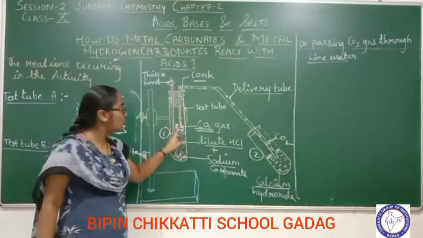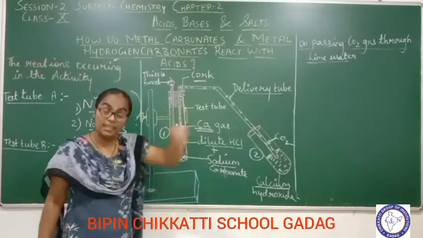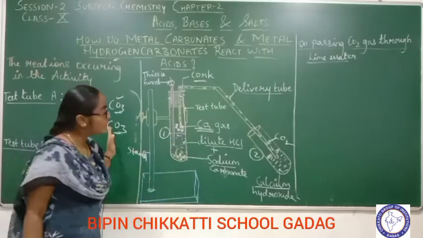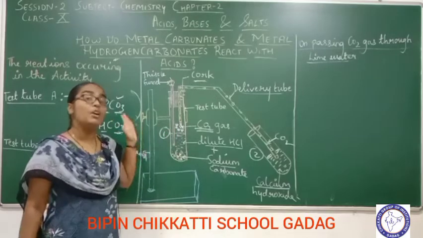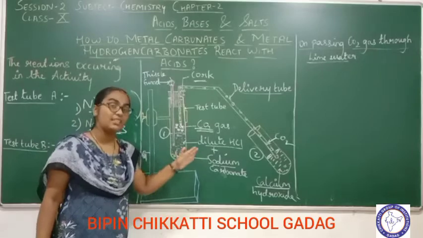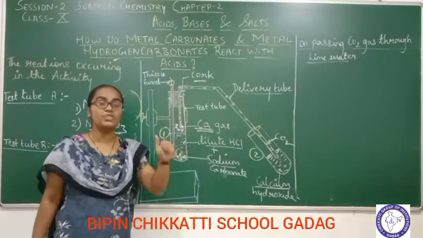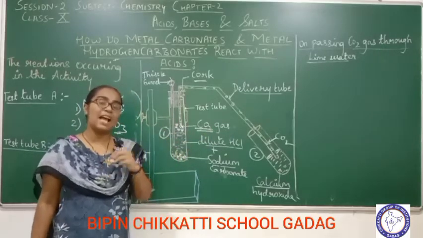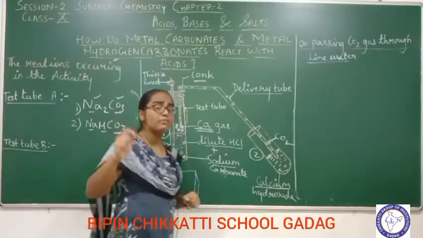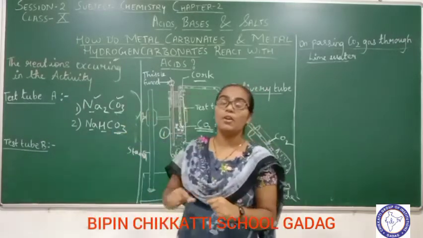It should travel only through the tube, thereby it has to be fitted with a cork. So this is the experimental setup which shows that when a metal carbonate reacts with the acid, a certain gas is produced, and this setup is very important. Now, we have to understand this in the form of a chemical reaction.